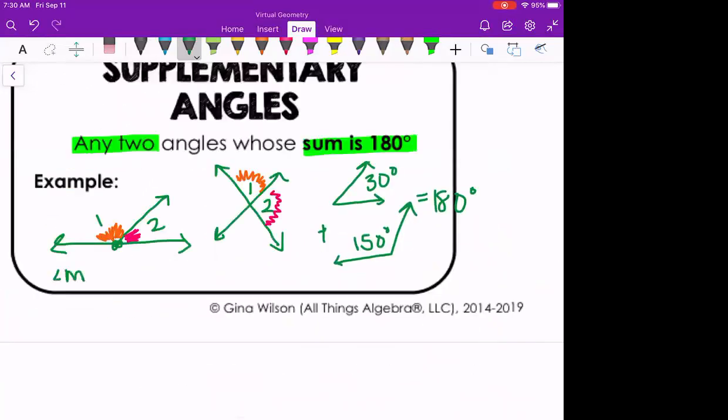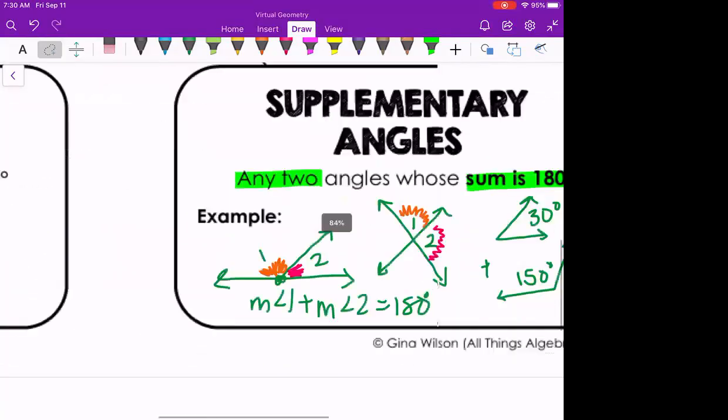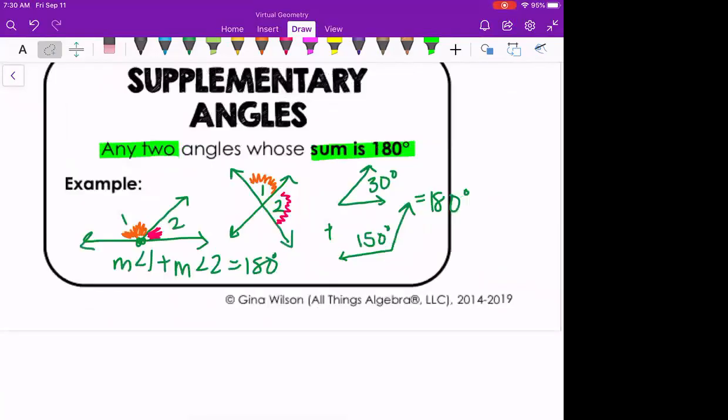So again, from our first picture, measure of angle 1 plus the measure of angle 2 equals 180 because you're dealing with adjacent angles. Same thing for the second picture. So I'm actually just going to move that over so it kind of matches up with both of them. Okay, or they could be two separate angles.